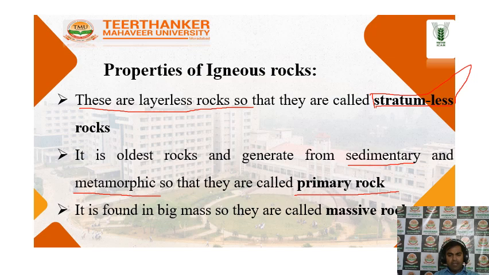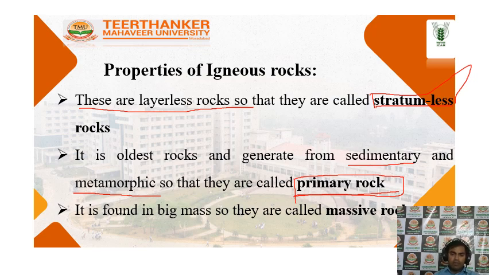This rock is developed after the volcanic eruption, so it is known as the primary rock. It is also developed into sedimentary and metamorphic rocks. It is the first rock developed after the volcano eruption, so it is called a primary rock.